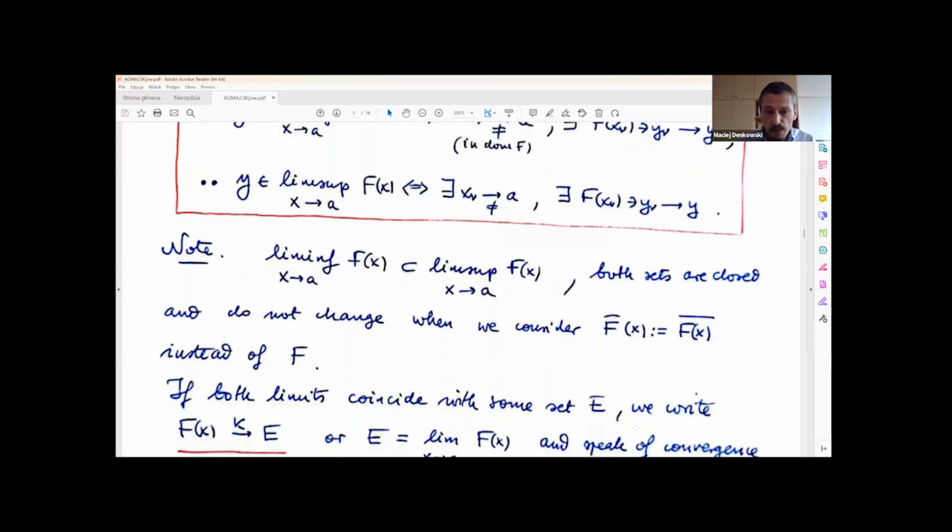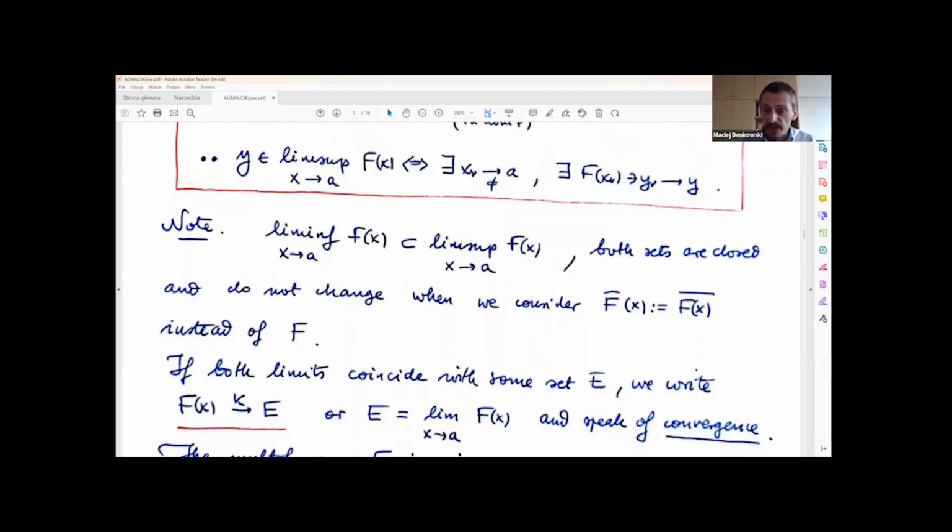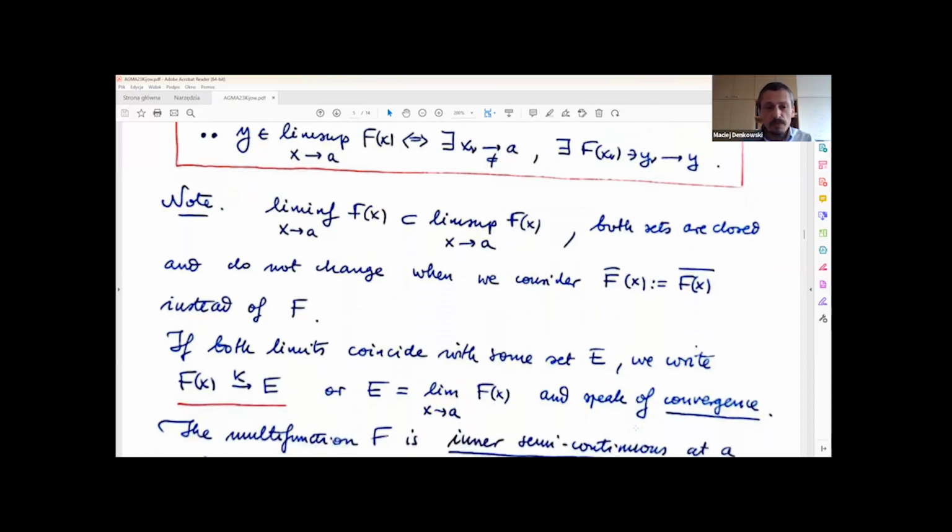In case both limits are the same, let's say equal to some set E, we will speak of convergence, of the Kuratowski convergence, and this will be denoted, as you can see here, either by an arrow with a K, or simply by writing this as a limit, right?